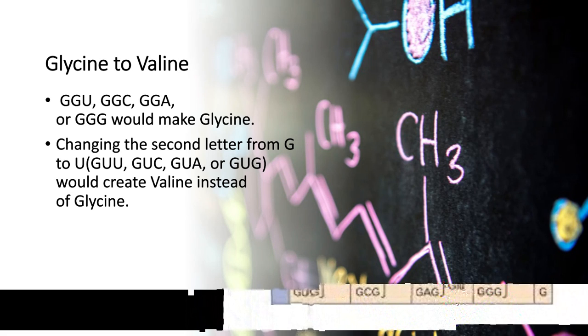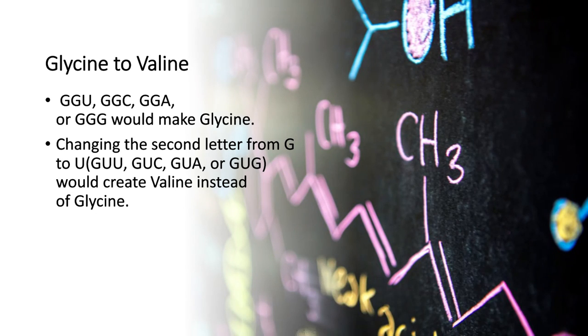The other mutation, substituting valine for glycine, could be because of substituting that second letter. If there was a change in the codon, changing the second nucleotide G to U, because you could see there that GGU, GGC, GGA, or GGG all make glycine, then changing that second nucleotide to U would create valine instead of glycine.